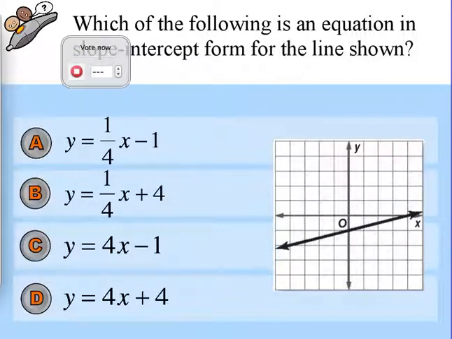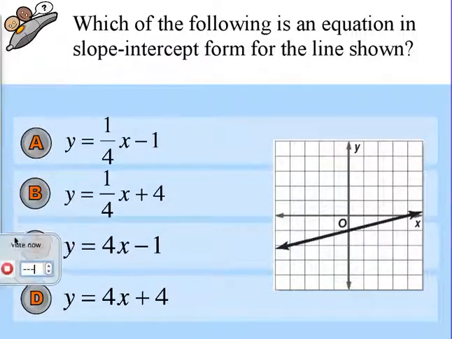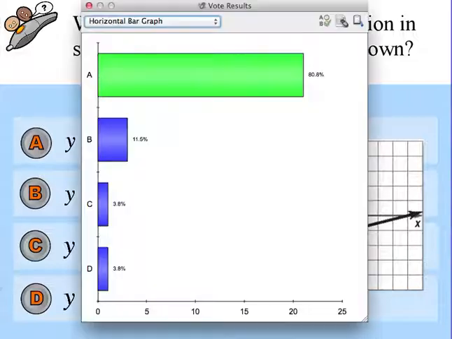All right, with that in mind, here you go. Let's try the last one. And the answer is letter A. Nice job again.